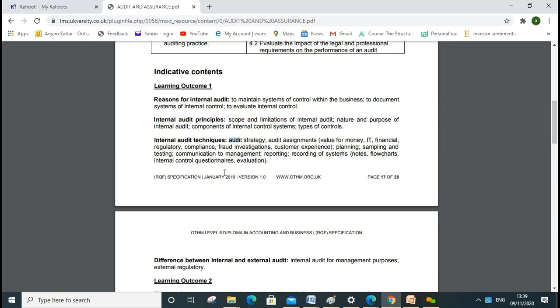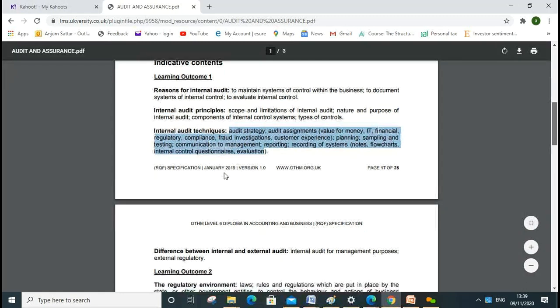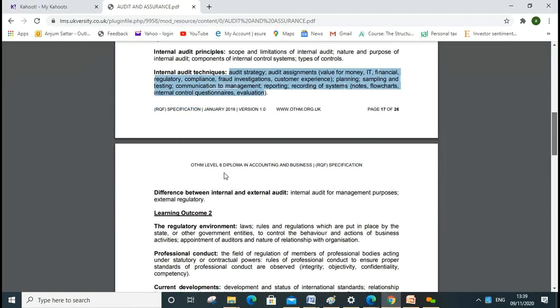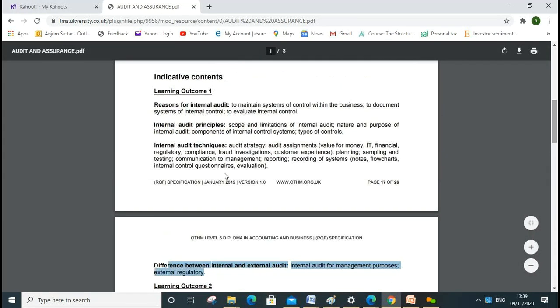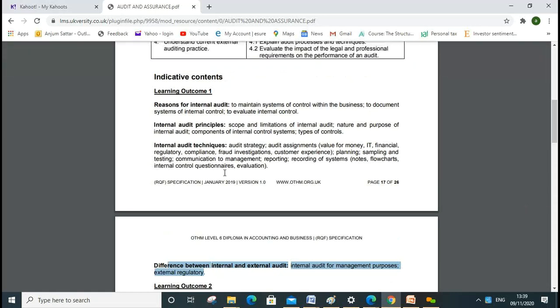Then internal audit techniques, audit strategy, audit assignment, IT and compliance. These are the reasons and the different systems, and the flow chart we can develop in our organization to go through the audit techniques. Lastly, the difference between internal and external audit. So that's our inductive content: what we're supposed to learn, and the key points within learning outcome 1 that we're supposed to address.